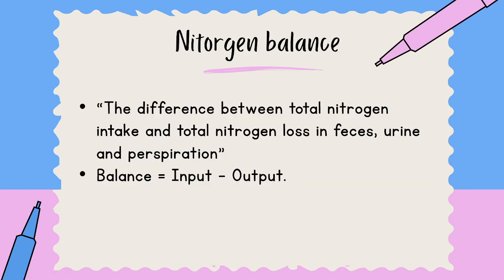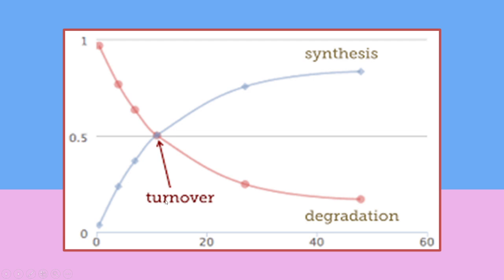A new term here that we need to discuss is nitrogen balance. Nitrogen balance refers to the difference between total nitrogen intake and total nitrogen loss in feces, in urine, and in respiration. So the balance equals input minus output.